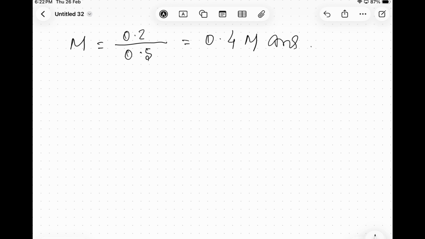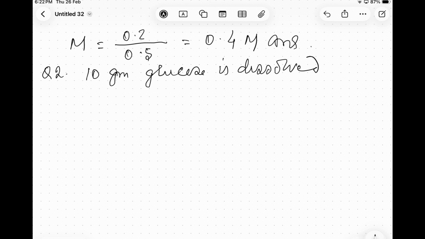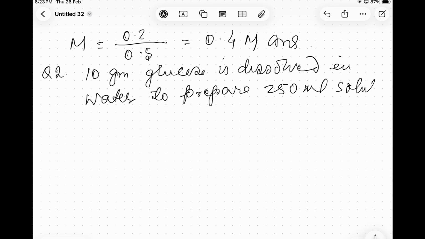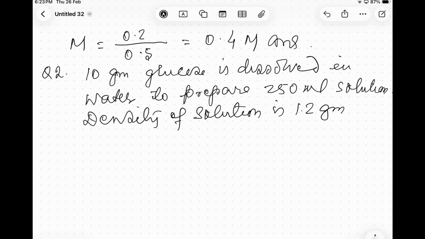Let's discuss another question. Question number 2: If 10 gram glucose is dissolved in water to prepare 250 milliliter solution, and the density of solution is 1.2 gram per milliliter, find the molarity of solution.